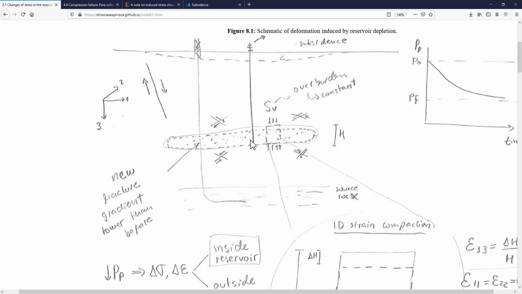We have seen that total horizontal stress is going to decrease, but effective horizontal stress is going to increase. And that increased compaction within the rock is going to cause decreases of permeability.